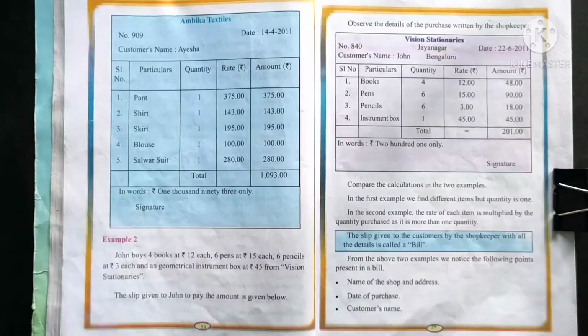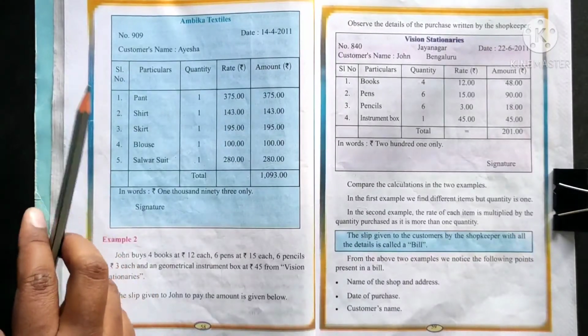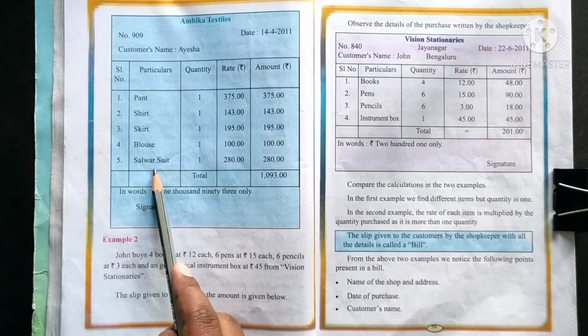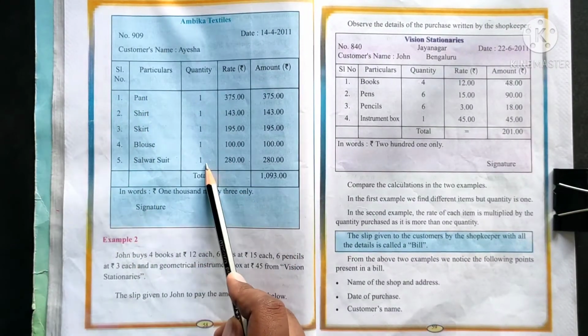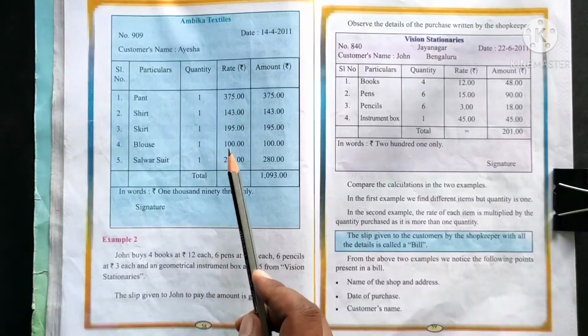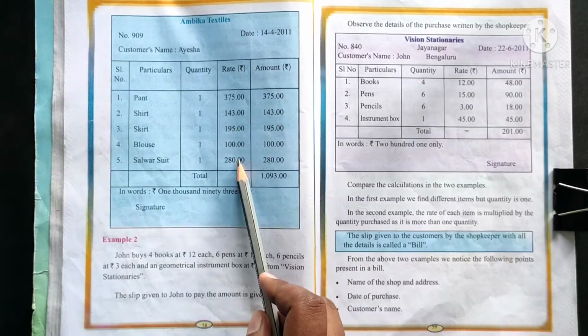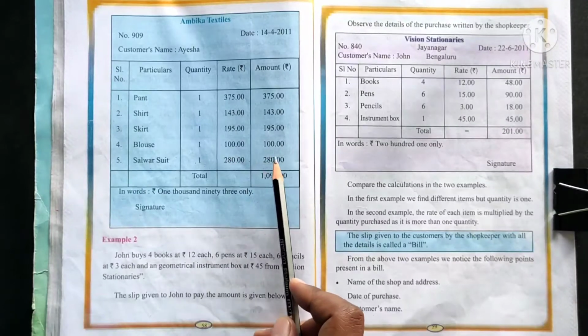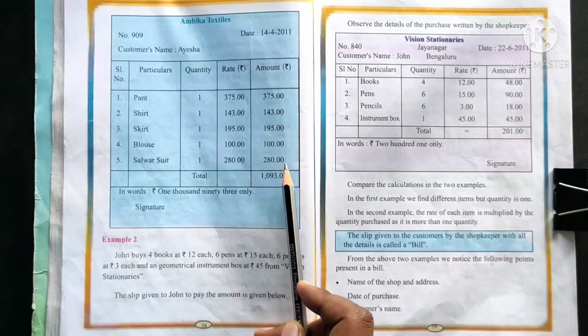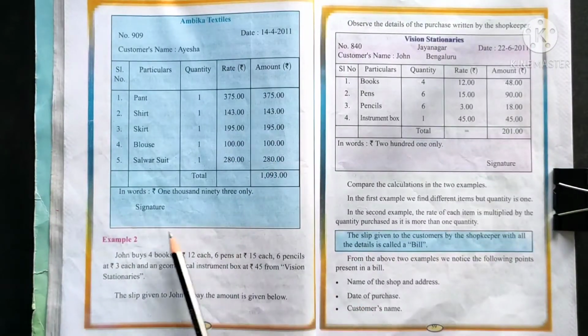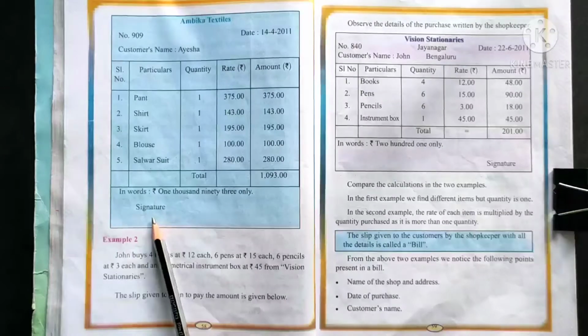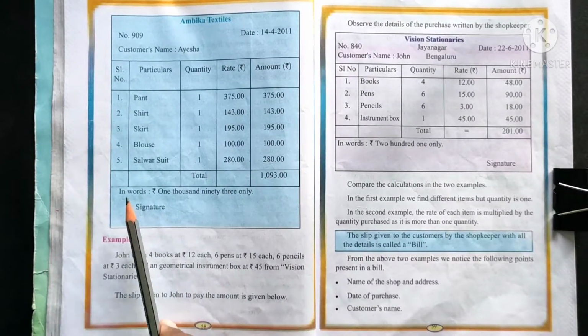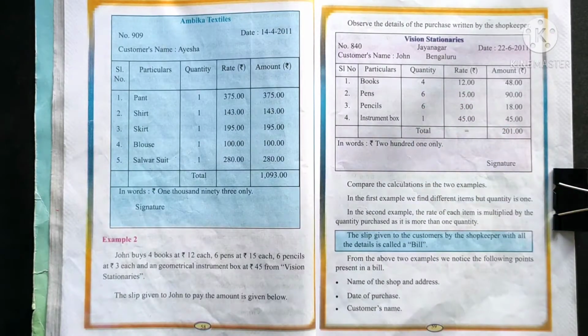It consists of the items purchased, quantity of each item purchased, cost of each item purchased, and the total amount to be paid to the shopkeeper by the customer. And here you can see the signature of the shopkeeper. You can also see the amount is written in words too. So a bill consists of these many things.